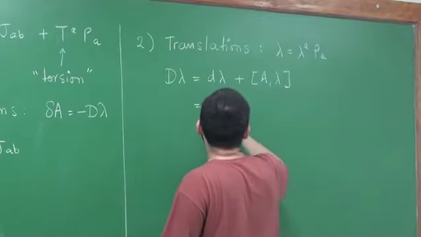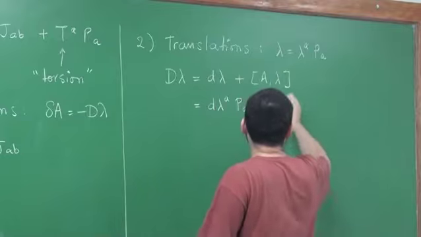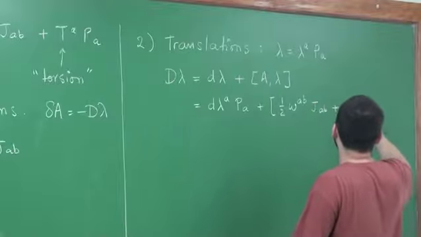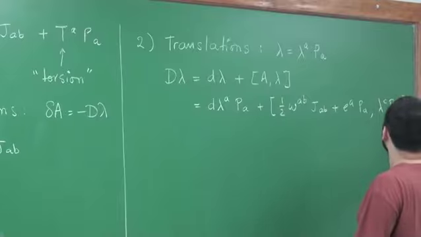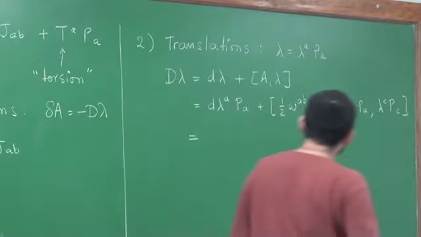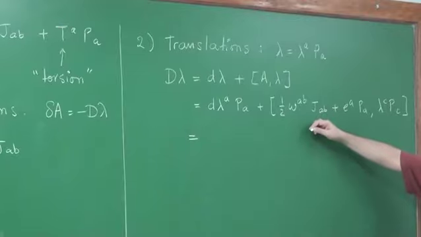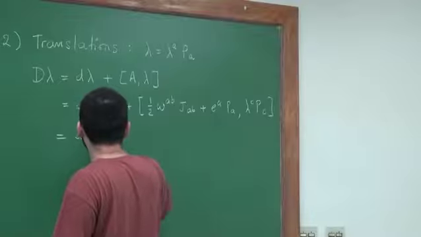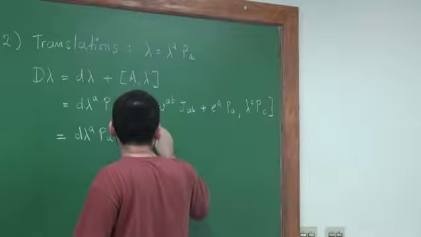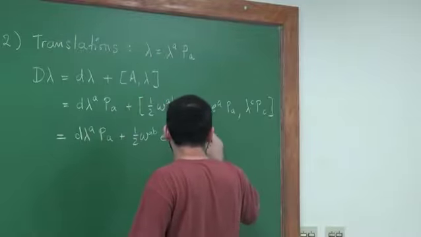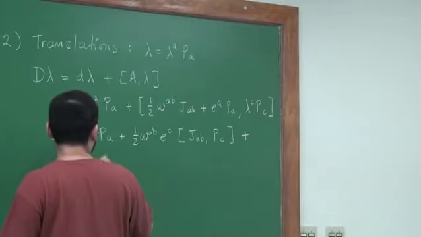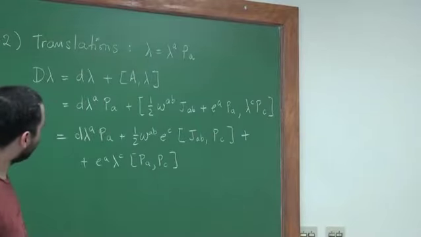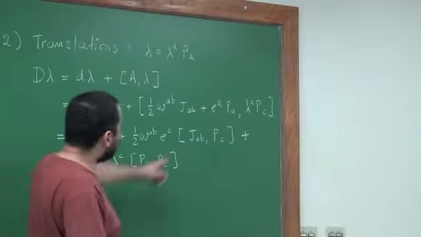And this will give us, so J commuted with P will give again P. But that's pretty straightforward. And now I use the other bracket.